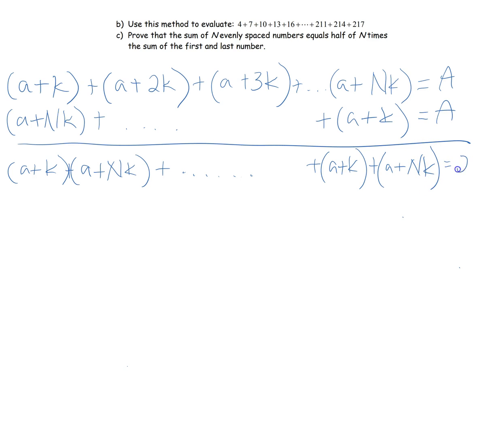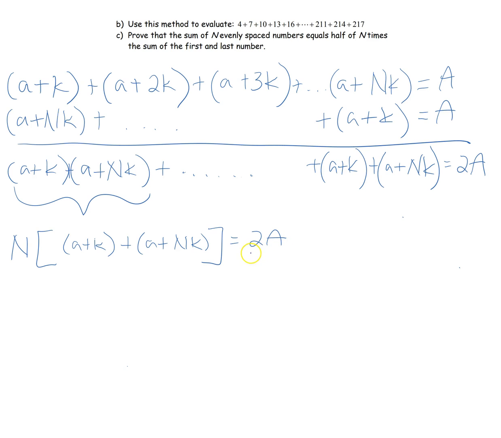And that's all going to equal 2 times our answer. And so we know that the number of times we have this thing here is going to be equal to n. So we can express this as n, our number of terms, times a plus k plus a plus nk. And this is all equal to 2 times our answer.